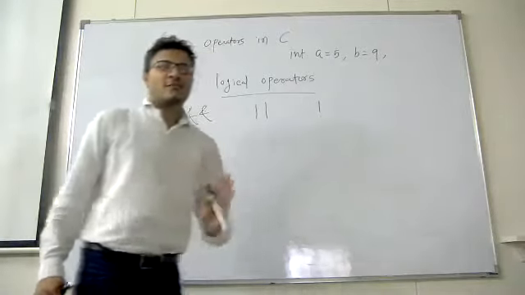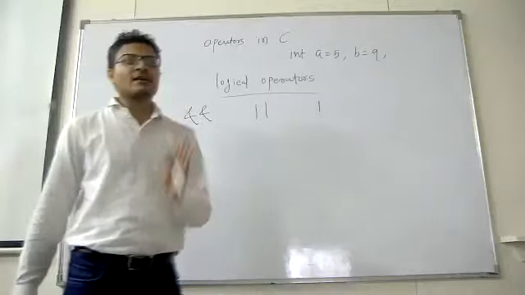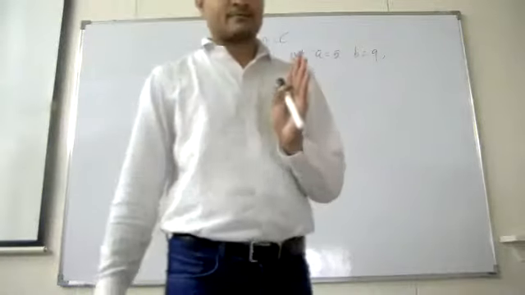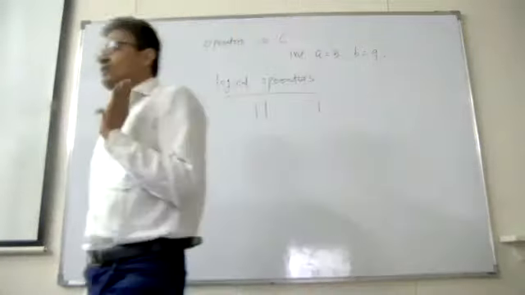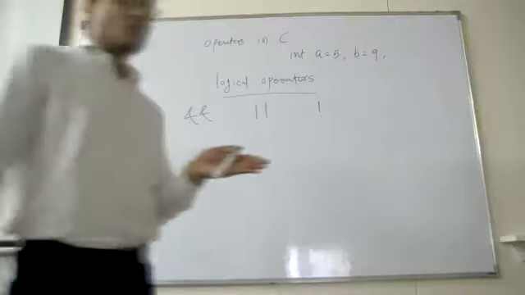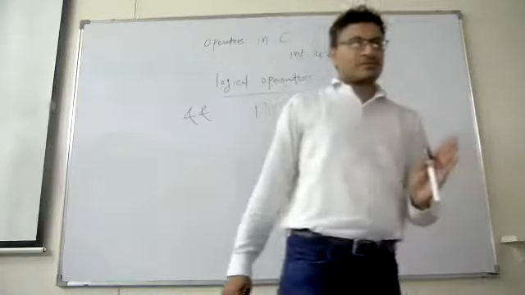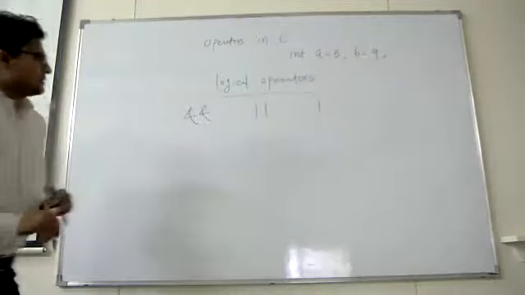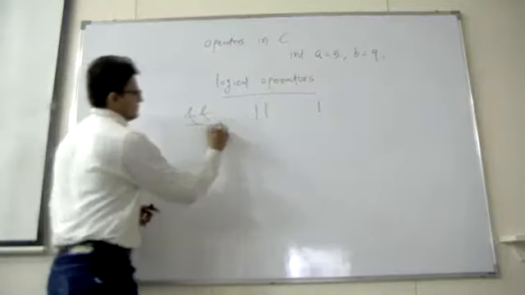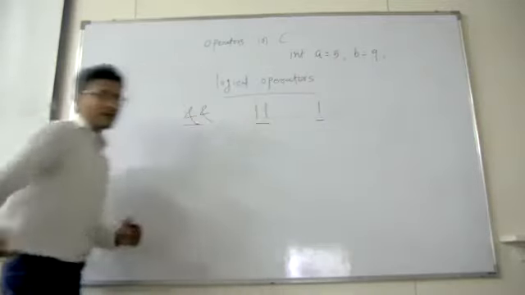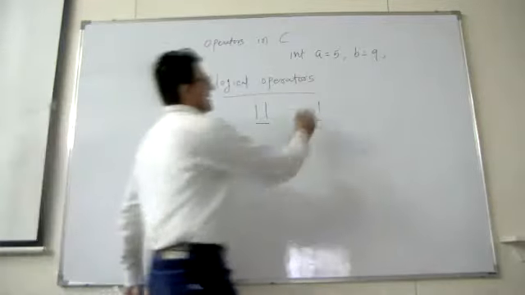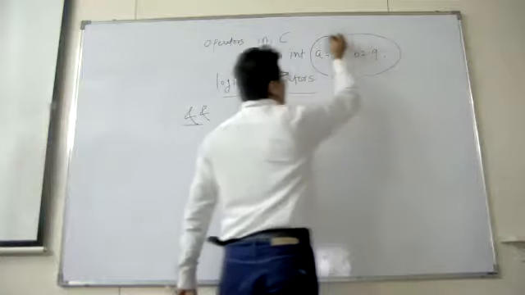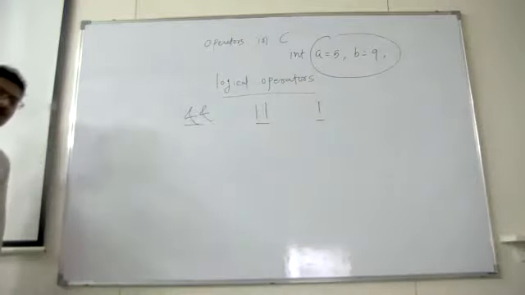Again, in logical operations, the answer would be Boolean, either true or false. There are three logical operators. Again, same condition: a is equal to 5, b is equal to 9.